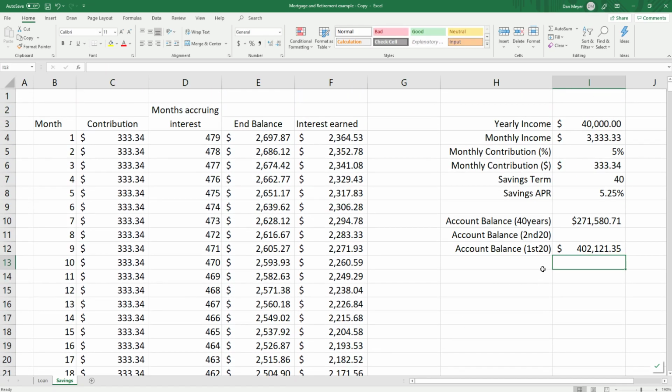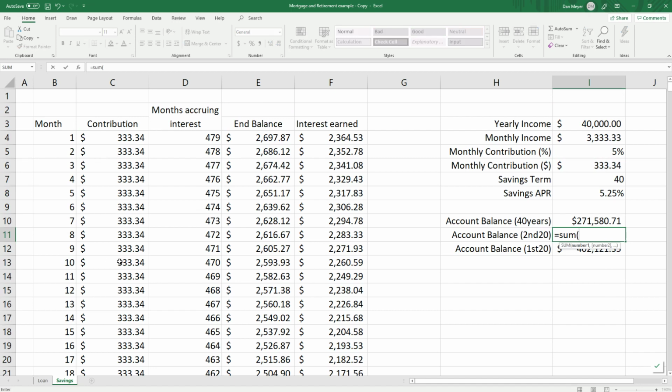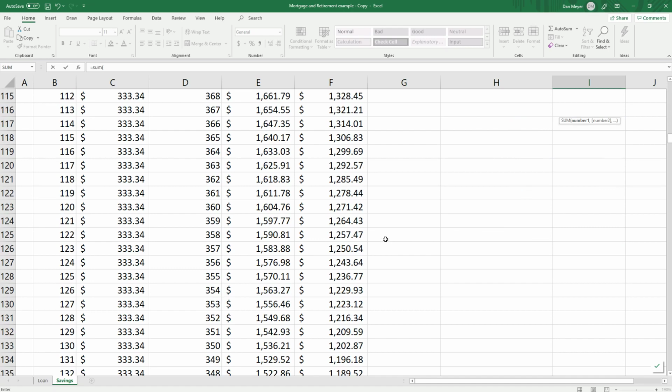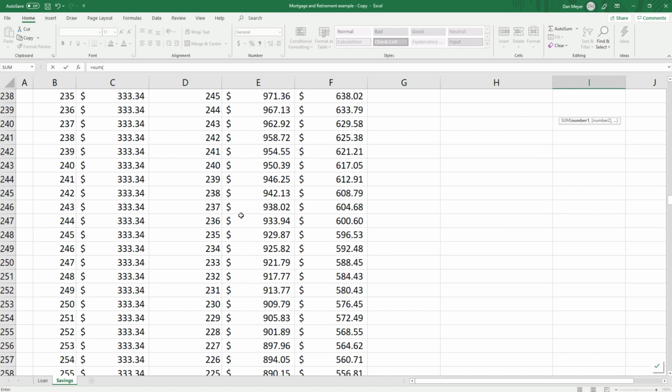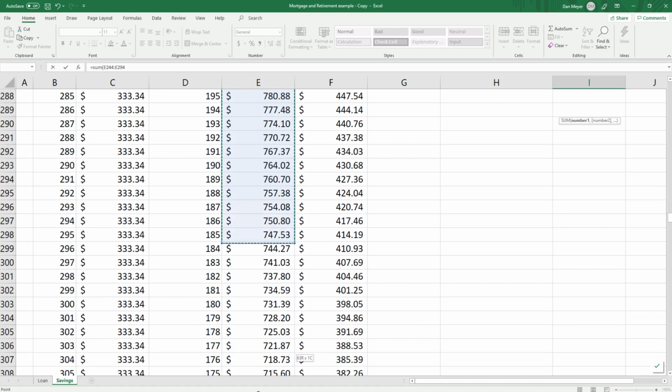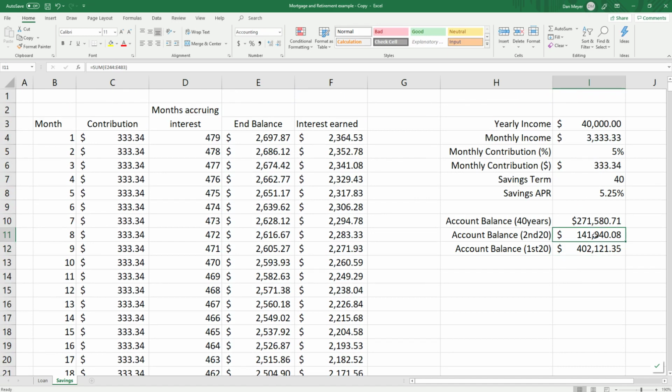Okay? And the person who saves for the second 20. All right, so think of these first 240 contributions are this person right here, and the second 240 contributions are the other person. So contributions 241 through 480 are going to be the lazy saver, the person that doesn't get on the ball.